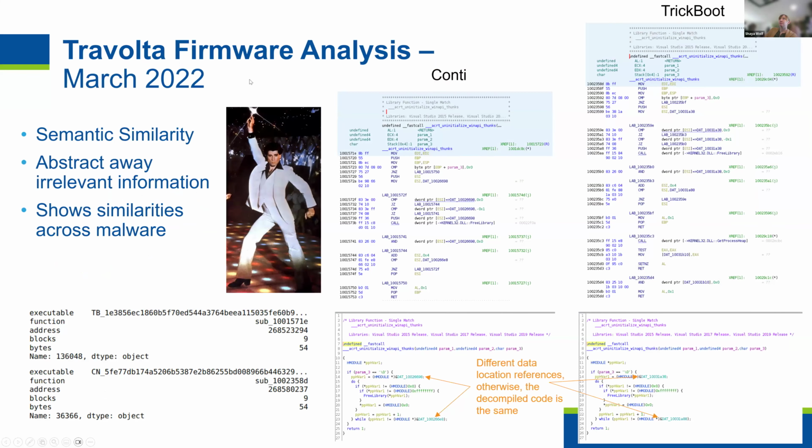So we have a firmware analysis tool called Travolta. It springs from a different version that was called Disco. I always love to include this Travolta when Rita's not here because she hates it. But really what we're looking for is semantic similarity in some of these malware samples.